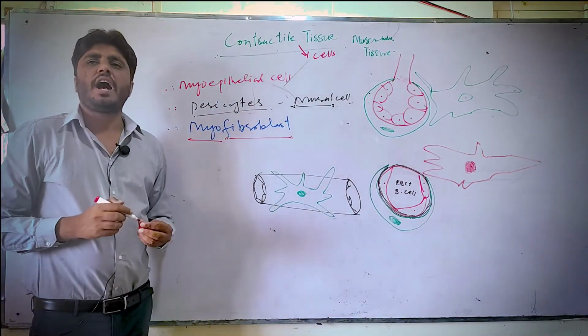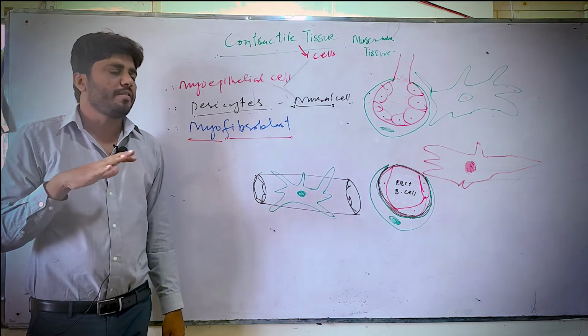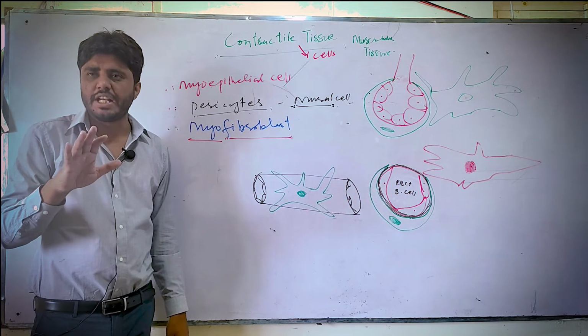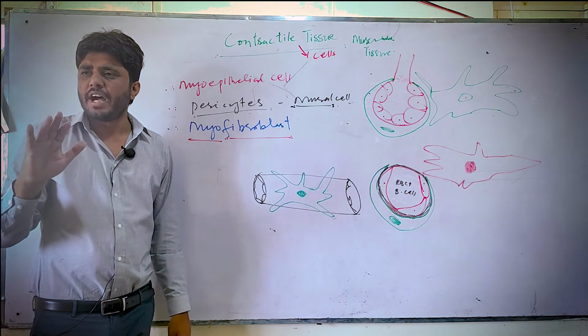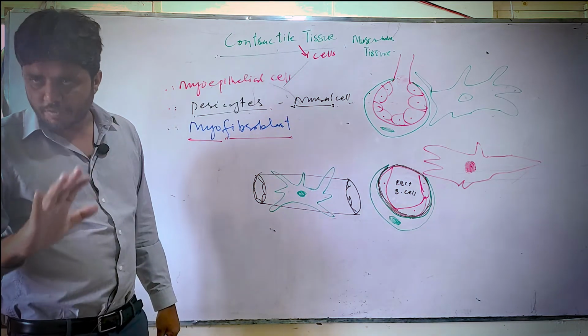These cells are found in connective tissue, and they are involved in the repair of tissue. If there is injury, they are involved in the repair of tissue. That's clear.